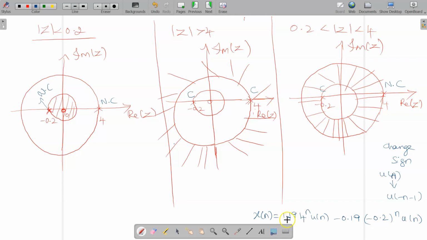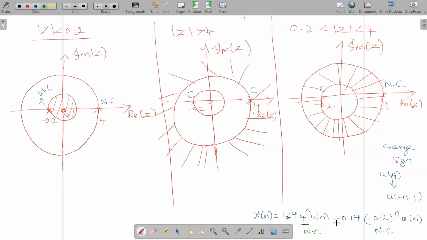Now we have determined that this pole, minus 0.2, is non-causal, and 4 is also non-causal. Non-causal means you have to change the sign, as well as replace u of n by u of minus n minus 1.